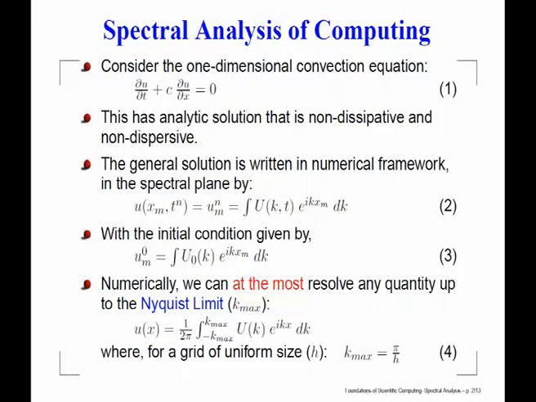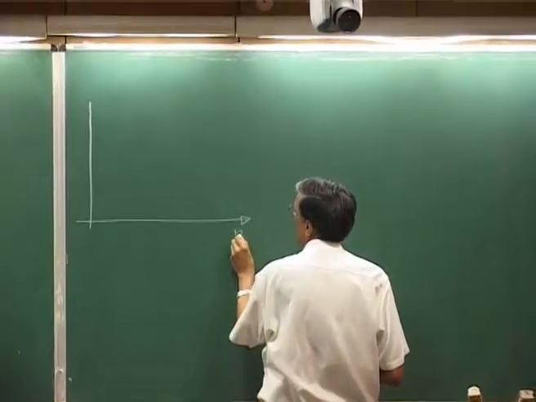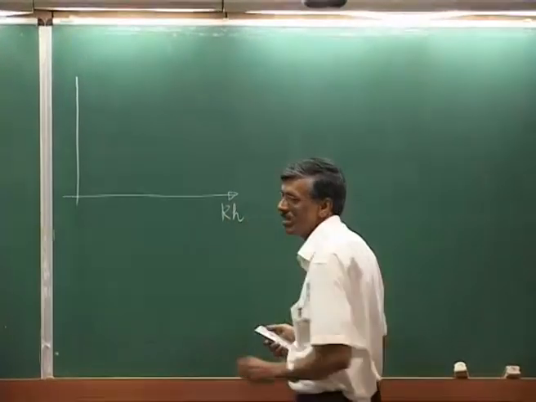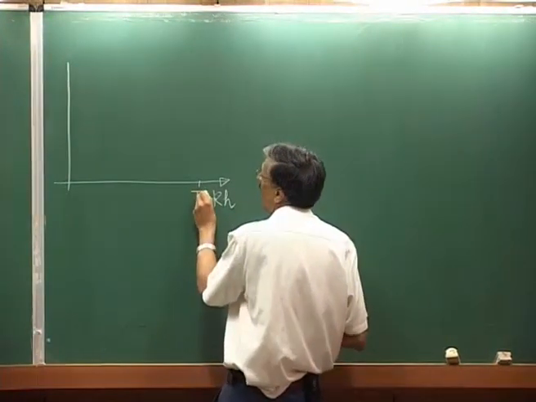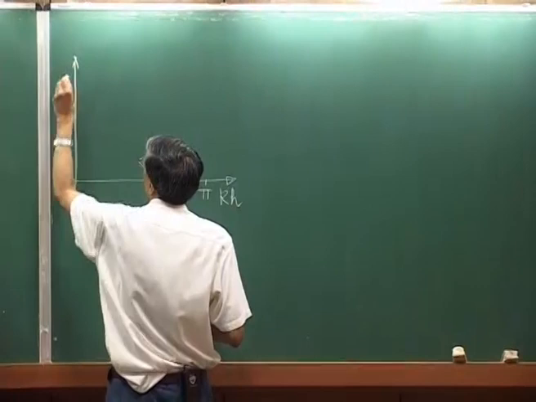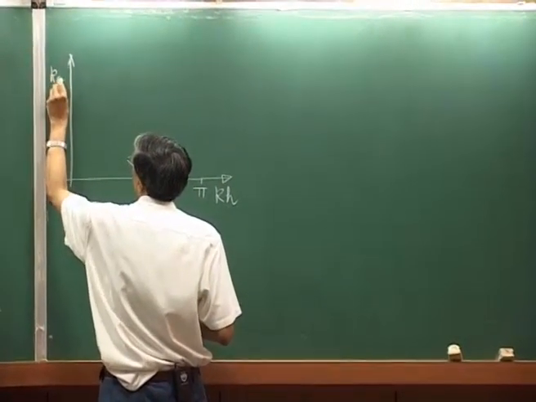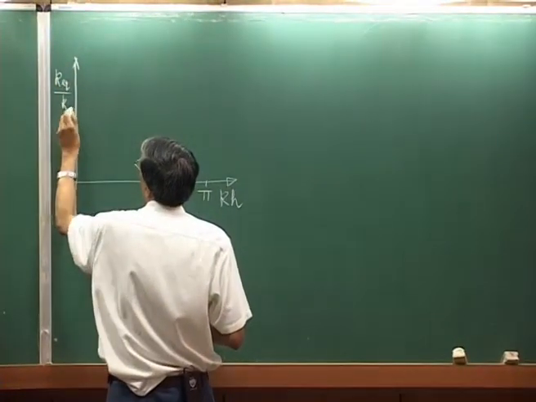We showed that if we take a second order central differencing scheme, that gives k equivalent as sin k h by h, and then from there we drew a portrait of this effectiveness and plotted it in the non-dimensional wave number ranging between 0 and pi, and on this side we plotted k equivalent by k.